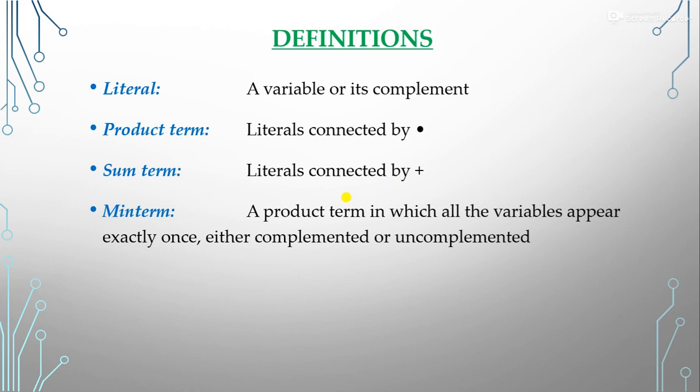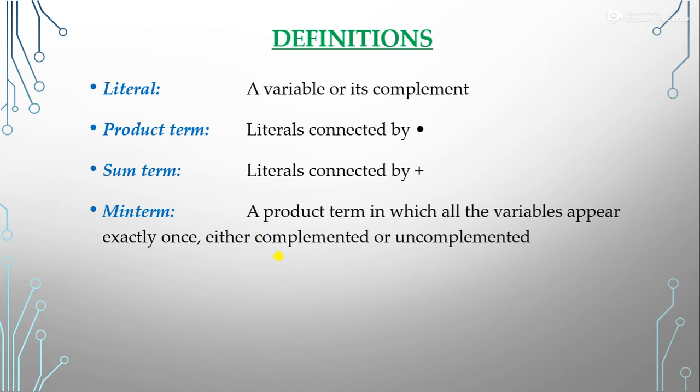So what is the min term? Actually, a product term in which all the variables appear exactly once, either complemented or uncomplemented. These terms are called min terms. Suppose we have variables x and y, so we use x, x dash, or xy, xy dash.